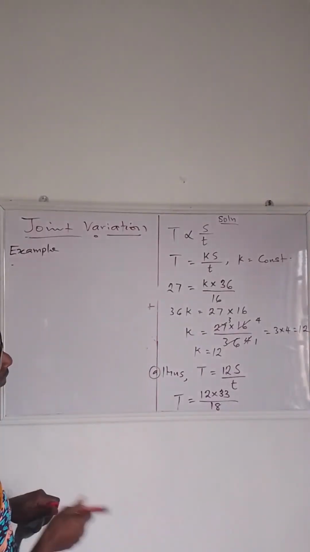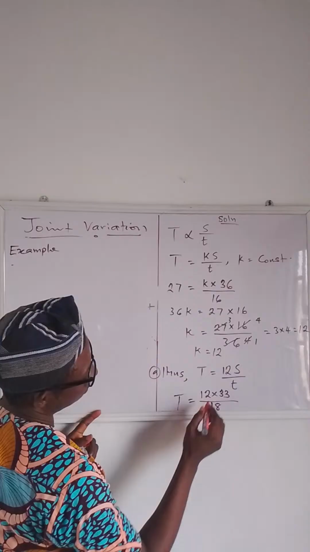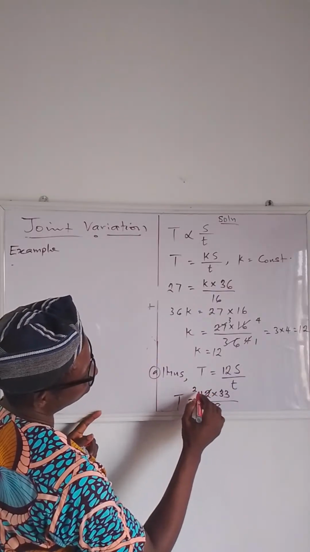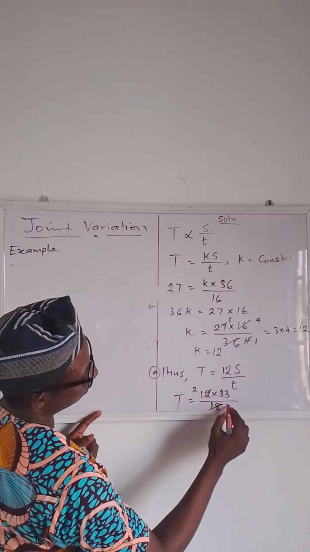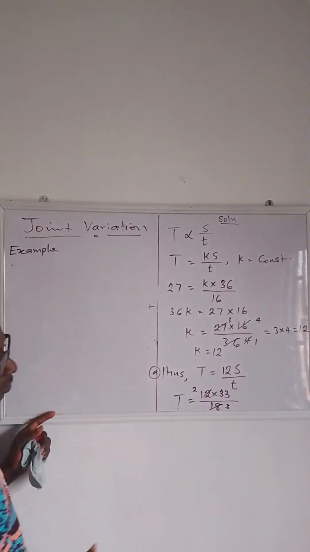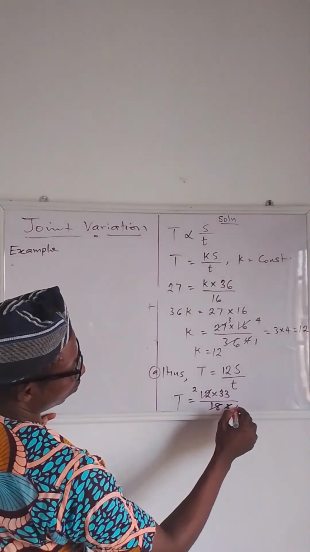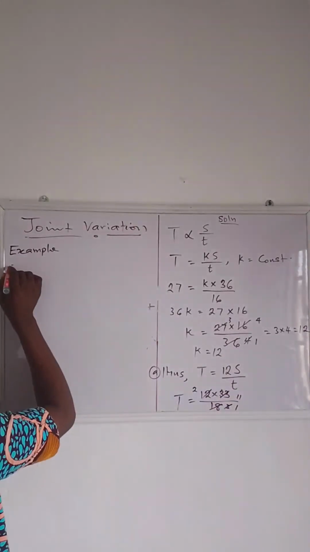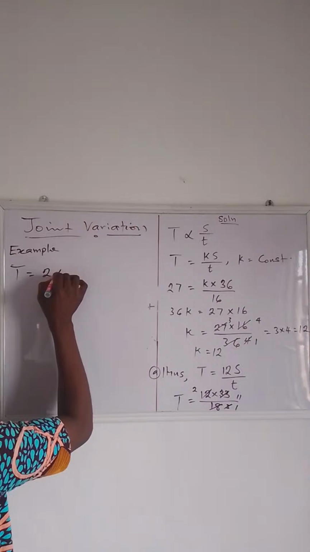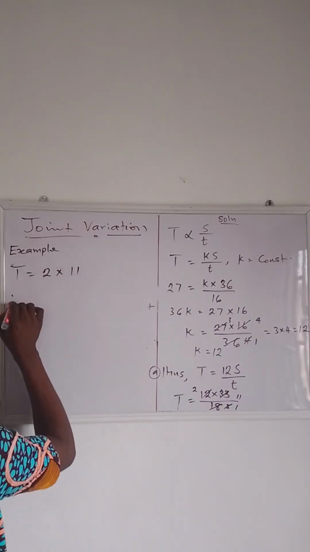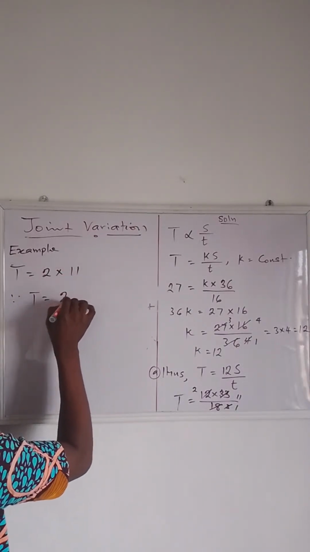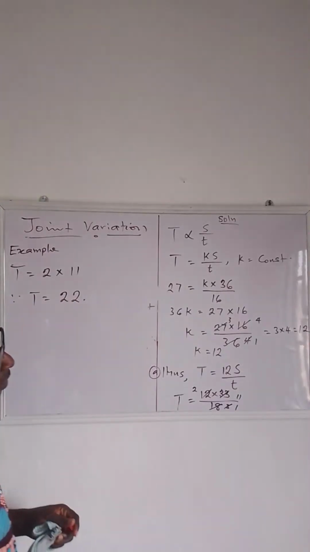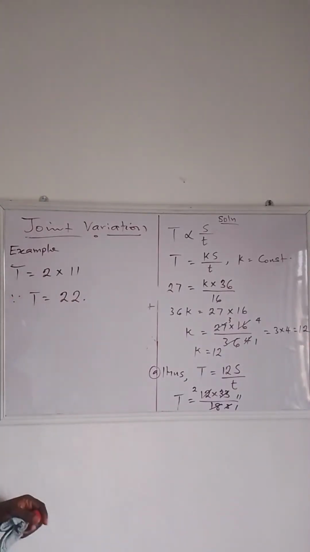Look at this. 6 goes here 2, and 6 goes here 3. Is that correct? Okay, now 3 goes here 1, 3 goes here 11. So we have T equals 2 times 11. Therefore, T equals 22. So that is the answer to the problem. This is the B part of the question.